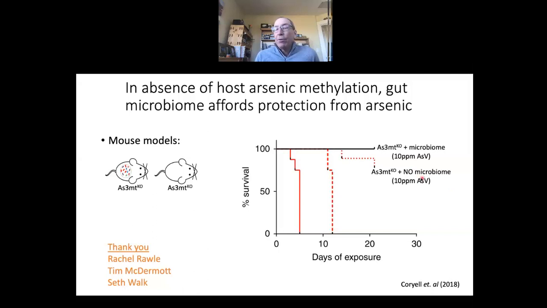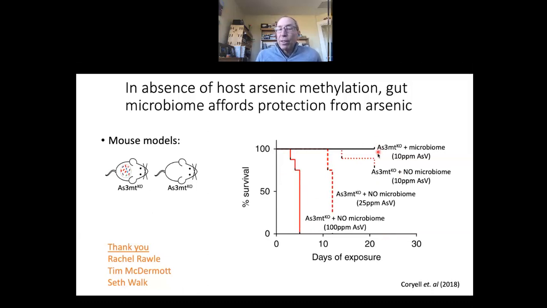If you take out the microbiome, immediately what we see is these, on this percent survival curve, these mice start dying off. And as you increase the concentration of arsenate in the water, the mice die quicker and quicker.